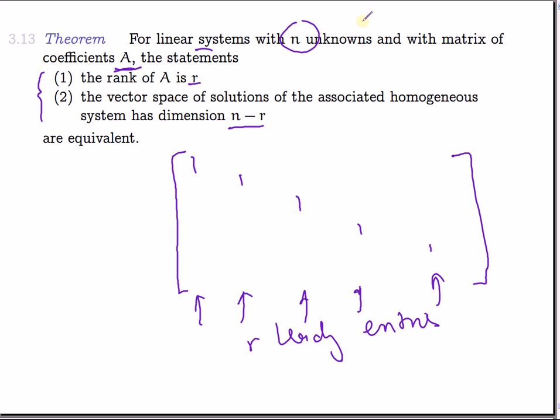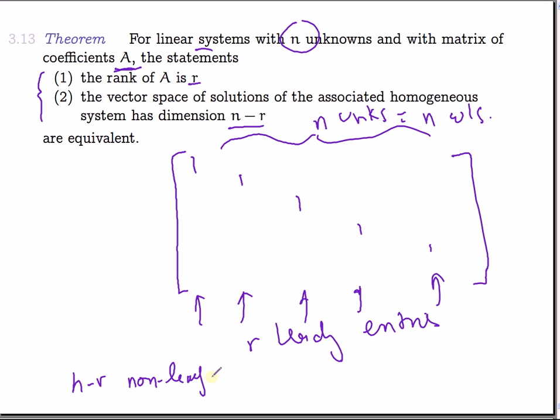Now, if I have n unknowns, that means n columns. If I have n columns and R leading entries, I have n minus R non-leading columns. And these all correspond to free variables. Okay, n minus R free variables.